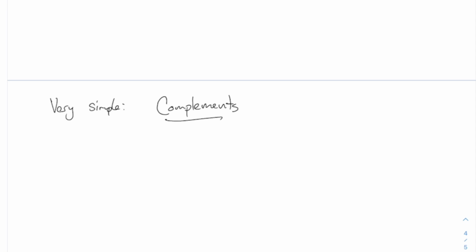So if L is a language, I hope you don't mind me using the word language and set interchangeably. If L is a language, the complement, which in our textbook is written with a bar, L bar, that's the complement.